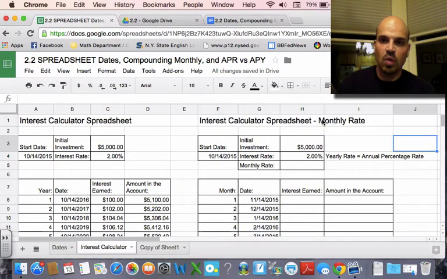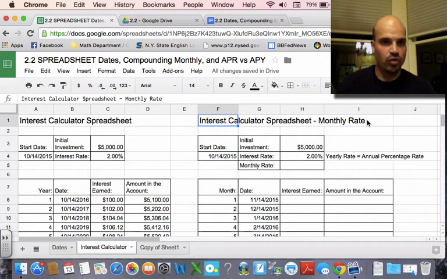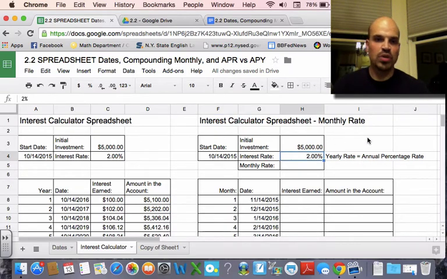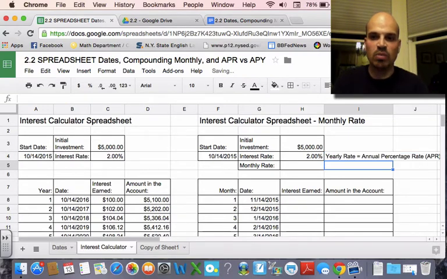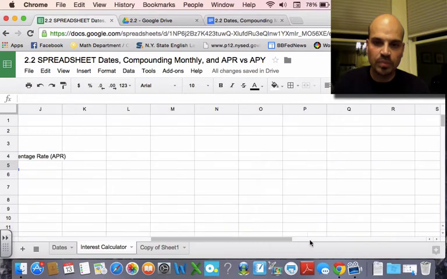Okay? So what we're going to do is actually calculate the monthly rate of interest. If I have my yearly interest rate, which is 2.2% in this example, we call that the annual percentage rate. Some people abbreviate this as APR, annual percentage rate. All right.